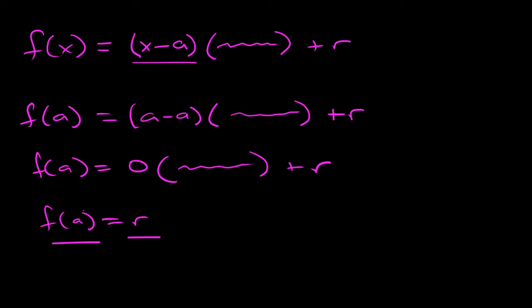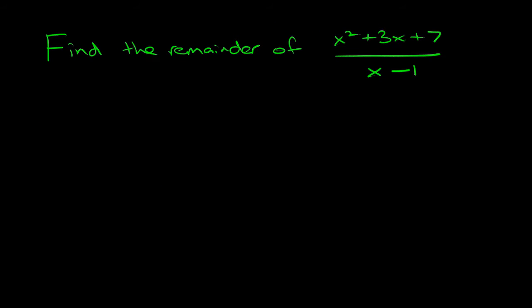So, knowing this, let's do a couple problems. Find the remainder of x squared plus 3x plus 7 divided by x minus 1. Well, let's write our equation. F of x is equal to x squared plus 3x plus 7.